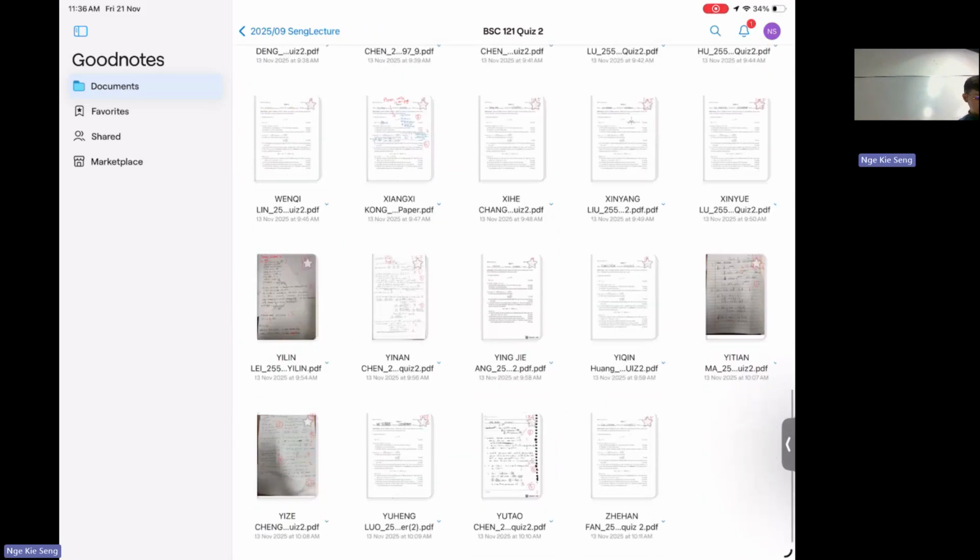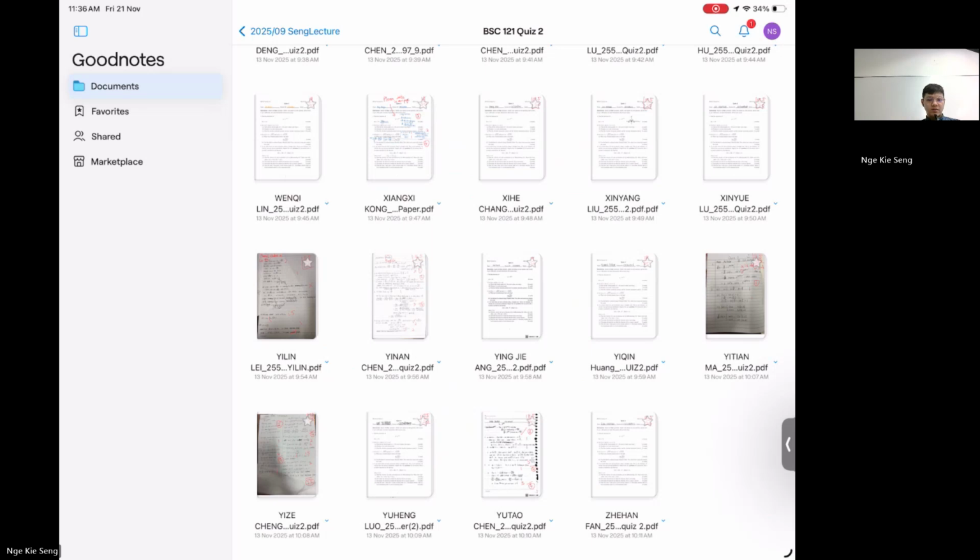We have improved the average this time. This time our average is, let's see, 20. How is it possible?